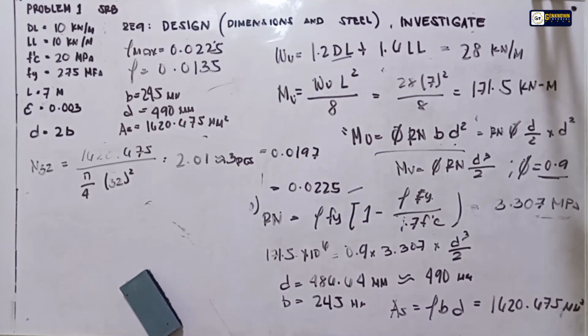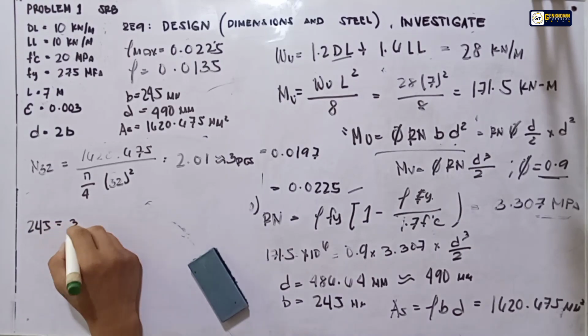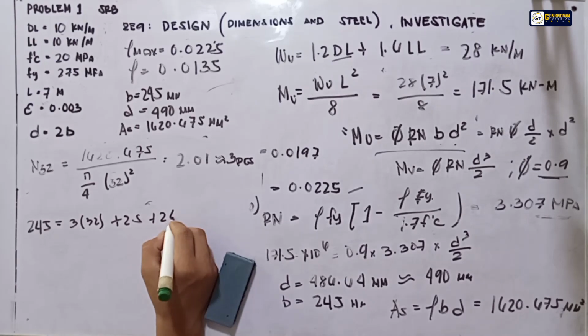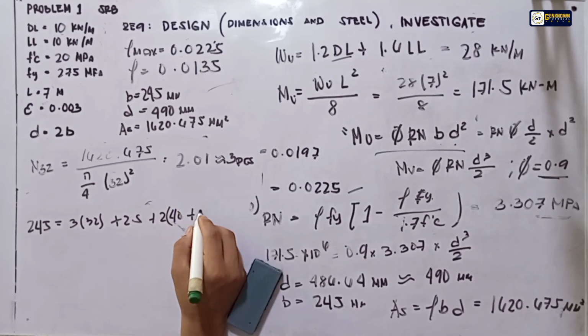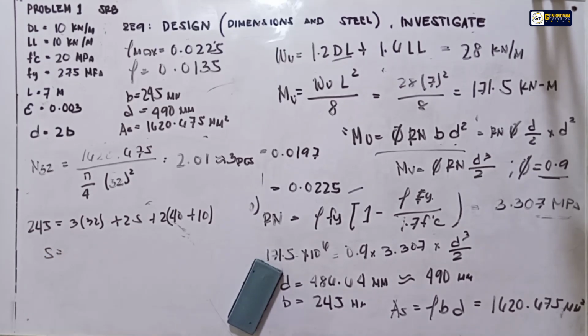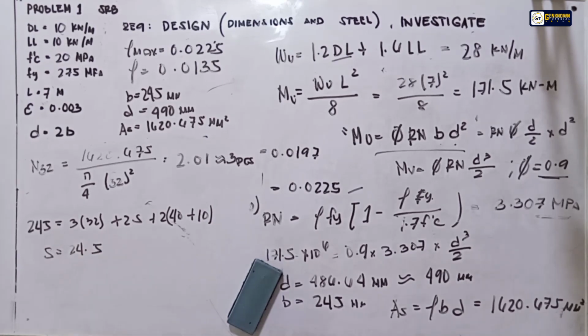So, let's check the spacing. We have 245 is equal to 32 plus 2 spacing plus 2 concrete cover and 2 stirrups. So, ang spacing natin ngayon is equal to 24.5. So, hindi pa rin pwede.